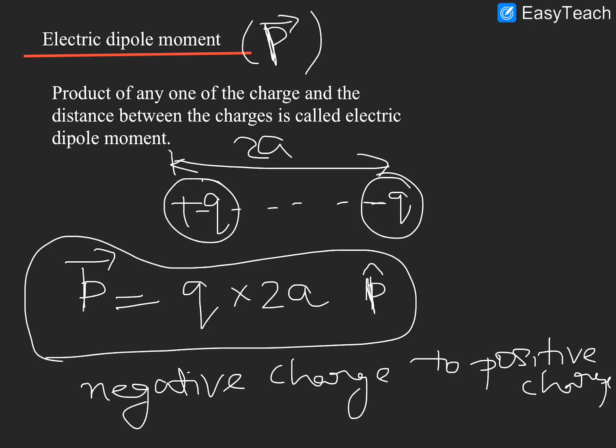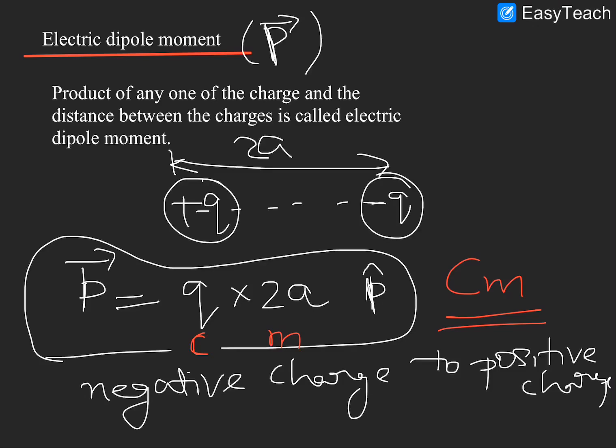And its unit, you can find out the unit from the above expression itself. Charge unit is Newton. Okay, sorry, charge unit is Coulomb. Sorry for the mistake. Charge unit is Coulomb. And 2a is nothing but distance. So distance is expressed in meter. So the unit for dipole moment is Coulomb meter.